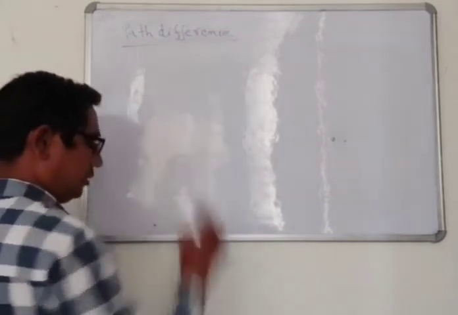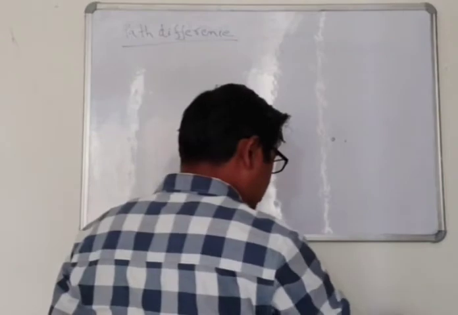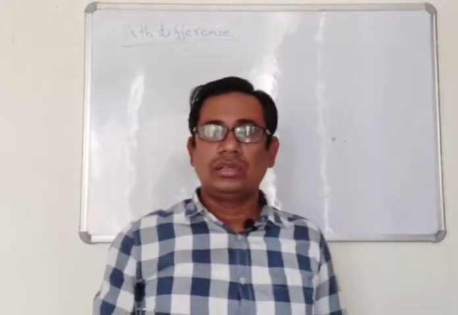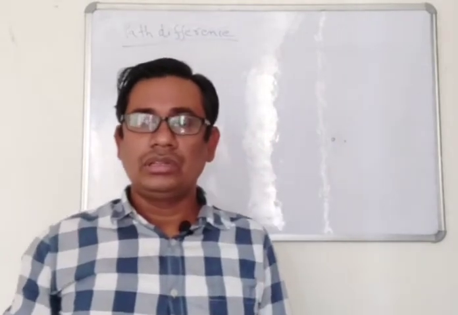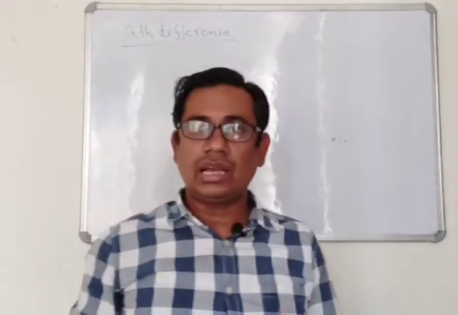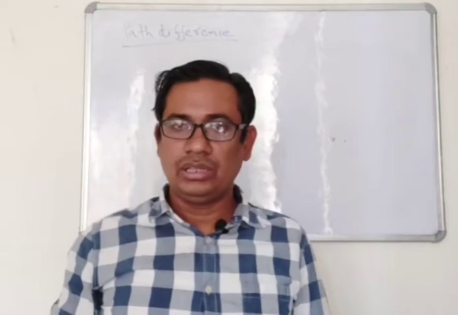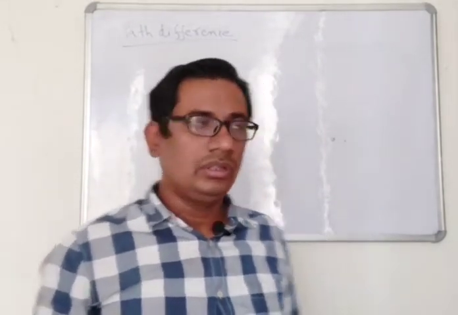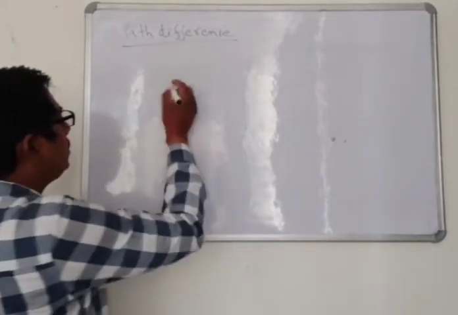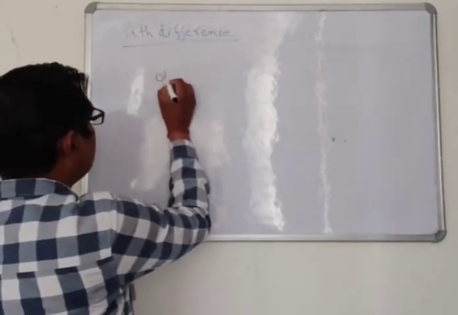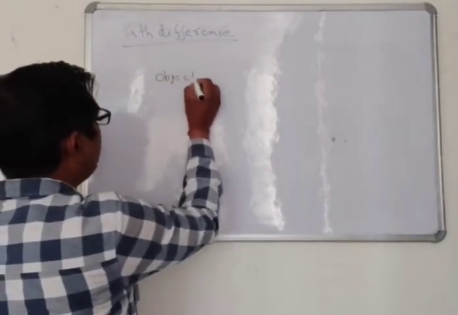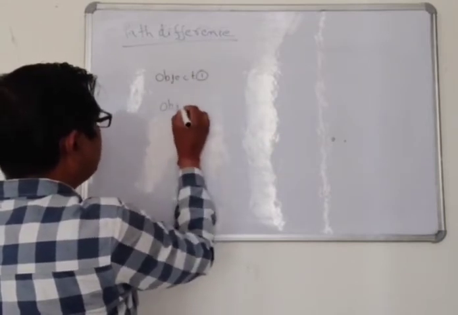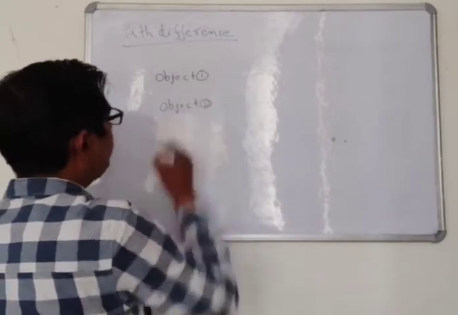What is the path difference? Path difference is basically the difference between the two distances covered by two objects. It is known as path difference. Suppose here is object 1 and another object 2.